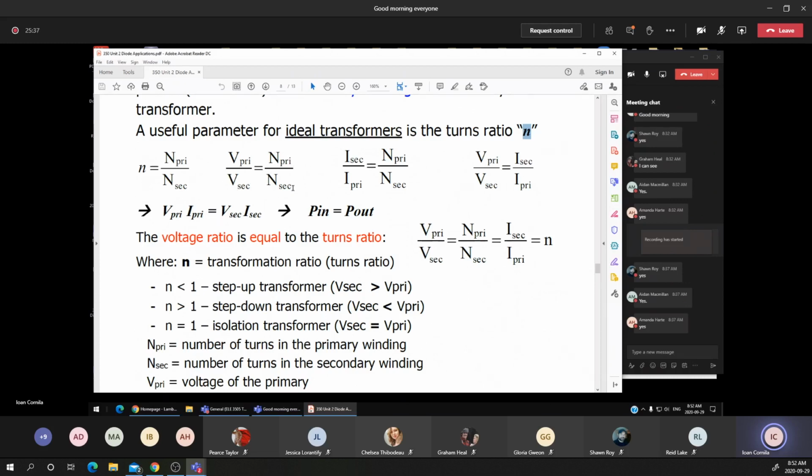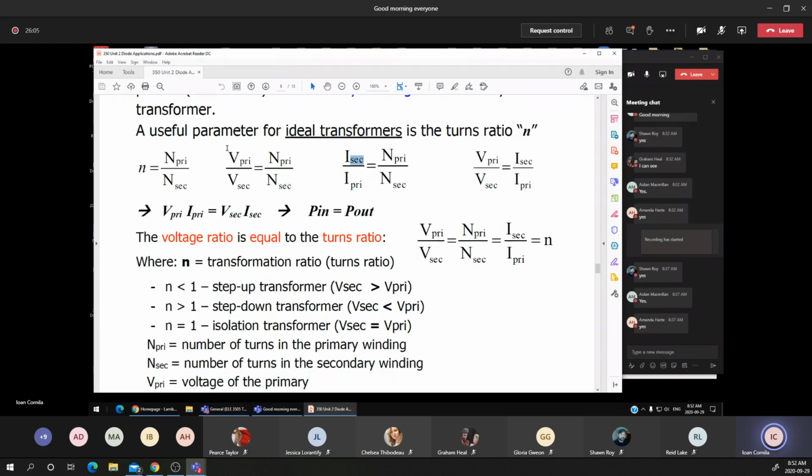At the same time, I mentioned that everything is related to the turn ratio of the transformer. The ratio between the currents, but you notice that it's the secondary current, or the current in the secondary winding, over the current in the primary winding, is equal to the number of turns in the primary winding over the number of turns in the secondary winding.